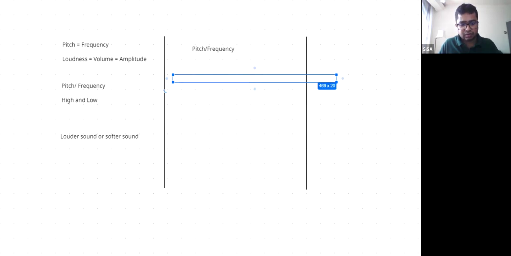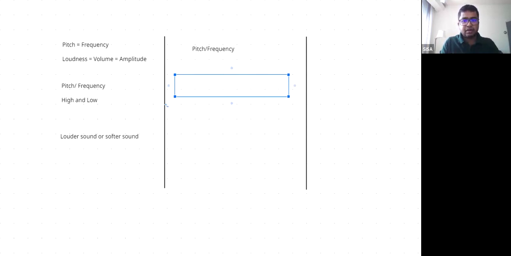Okay, so for higher frequency or higher pitch, we need to have a shorter or smaller vibrating length or vibrating column.